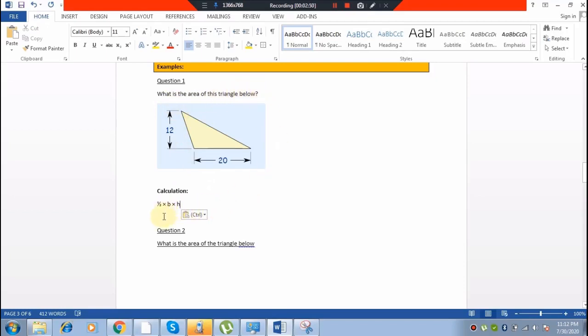We know the formula for the area of a triangle is half base times height. What is our base? Our base is 20, in case you're wondering where I'm getting it from, here's the base. And what is the height? The height is 12. Half base times height.